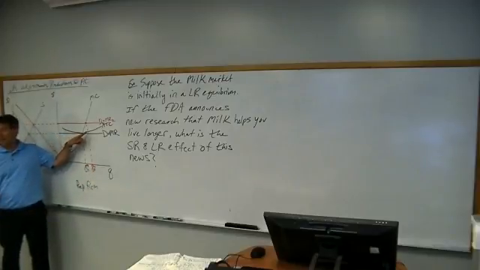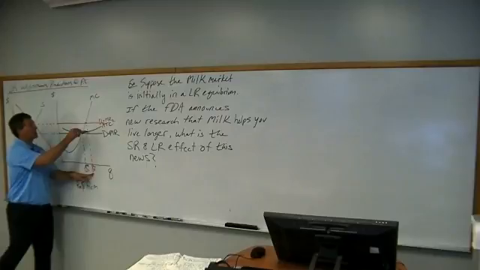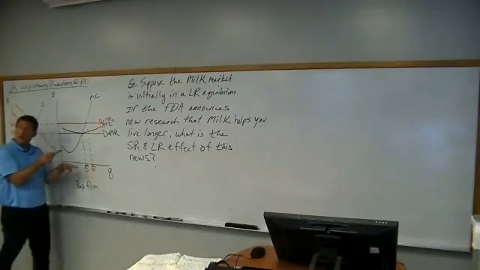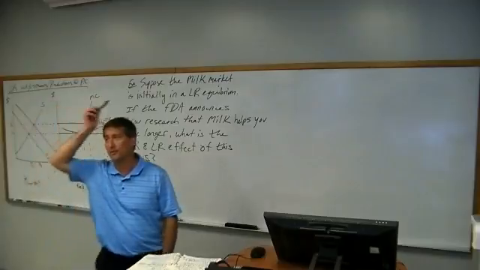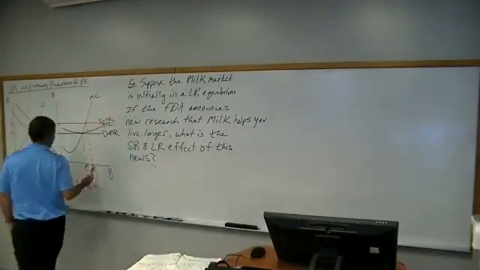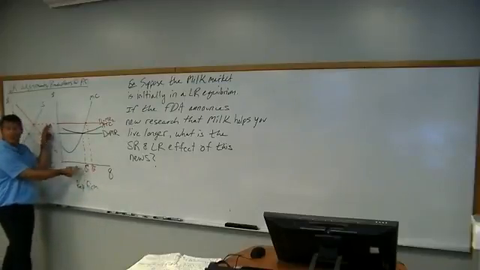So average total cost snuck up on it, right? At this quantity, you go up to the average total cost curve, hang a left, read off that number. That's higher than what it was at Q1. So average total cost has increased. Good. What else? Marginal cost, the cost of the last unit of milk produced, is higher than what it was down here.